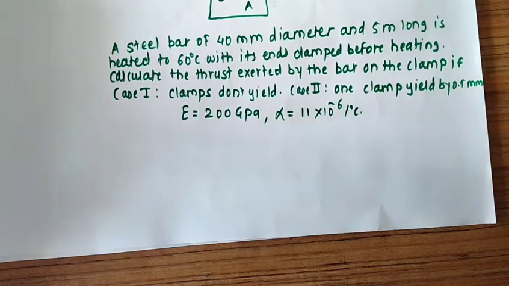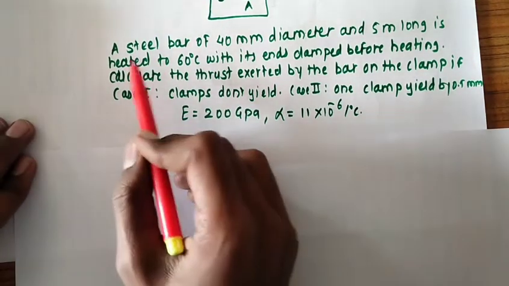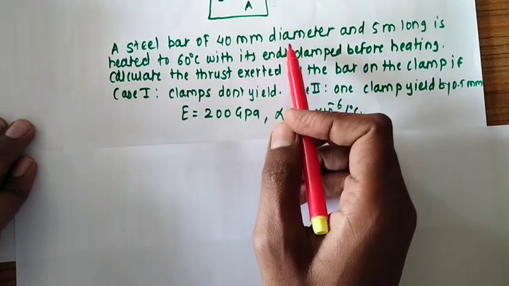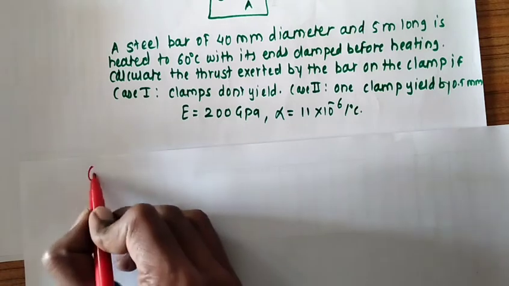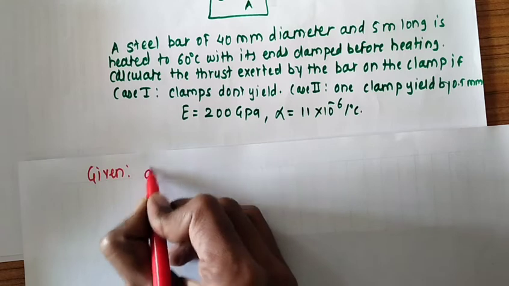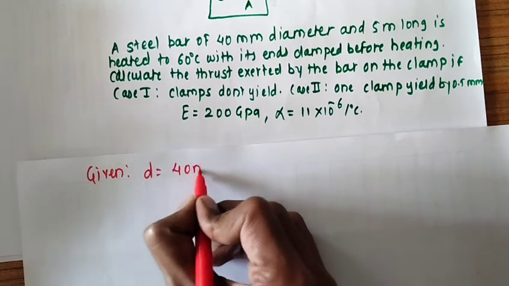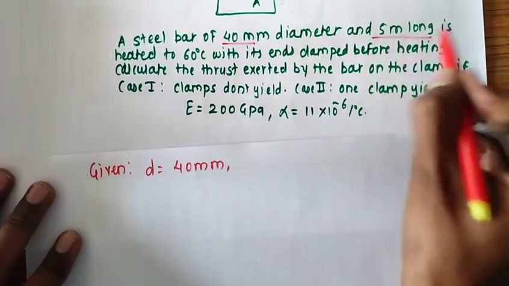So the statement is, we will write some given data based on this. What is given? A steel bar of 40 mm diameter and 5 meter long. So some dimensions are given that we will write here. Diameter of the bar is 40 mm and it is 5 meter long.